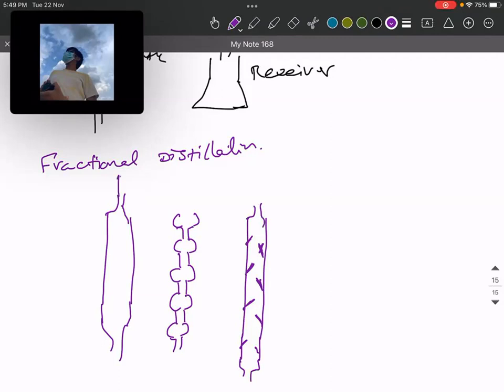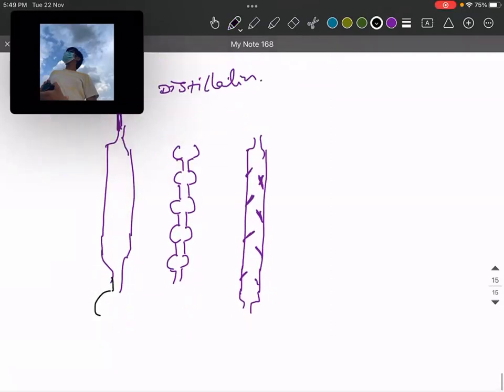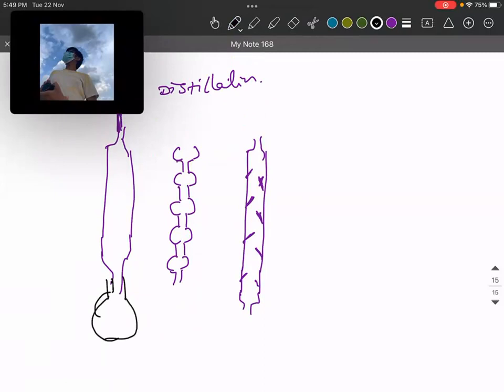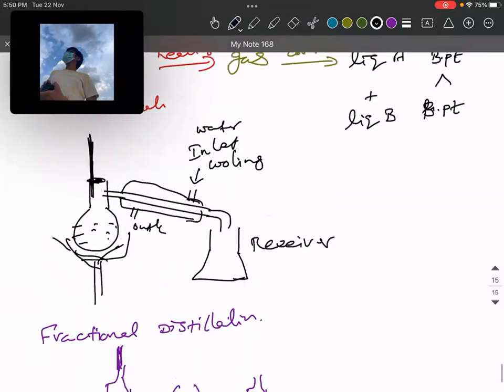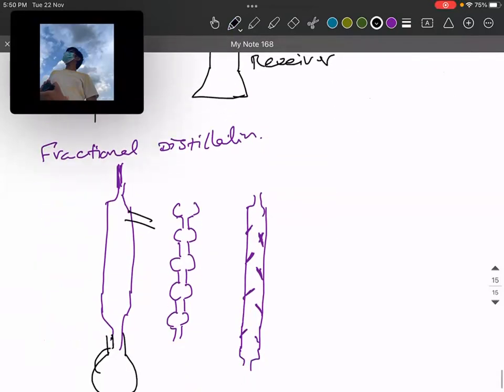Then you have to keep the thermometer over here. This will be connected with your RB flask. So those things you have to connect with your RB flask. So here you have the condenser. The remaining set, whatever we drew in the earlier figure, was connected. That's it.